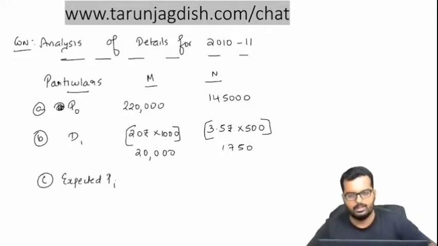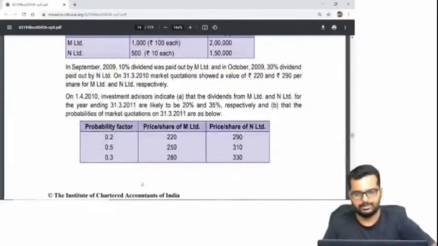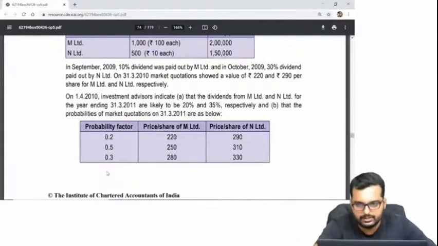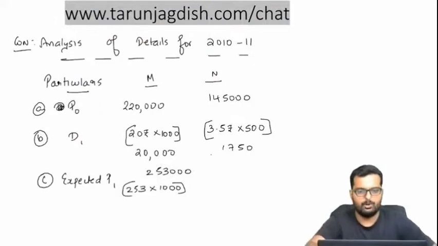P1, what they have done is they have given various outcomes and probabilities. So we can directly find out the expected price. That will be 220 into 0.2, 250 into 0.5, and 280 into 0.3. So do I get the answer as 253? So here it would be 253 into 1000, that will be 2,53,000. And what about the second one?